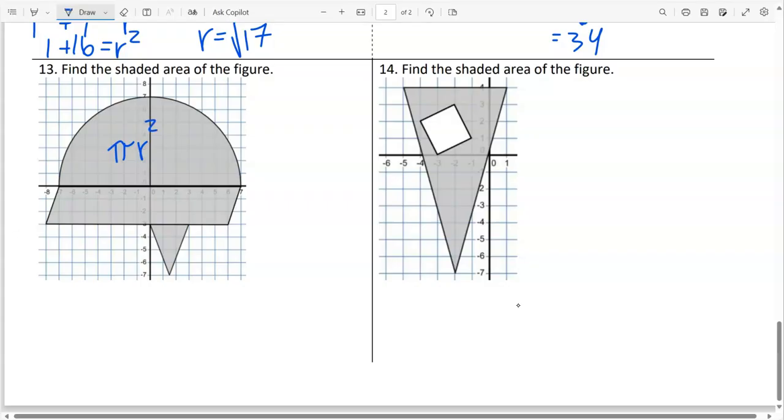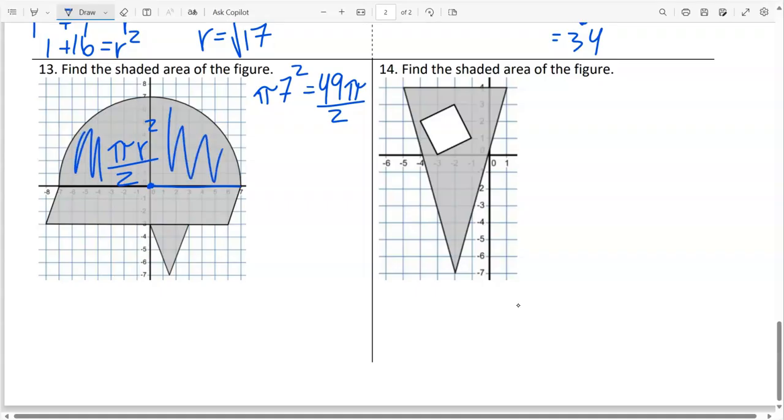Well, we have half a circle, so we're going to take this and divide it by 2. What is our radius? Well, here's our center. Our radius is 7. So we get pi times 7 squared, which is equal to 49 pi. And we need to divide that by 2. That's the area of this.